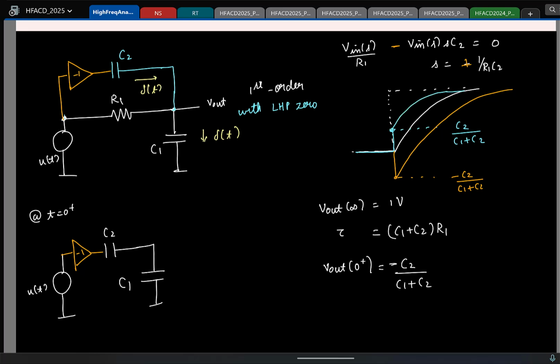But if it was an RHP 0, again the output will see a step jump at t equal to 0 plus, but this jump will be in the opposite direction to where you want to finally reach. It is like we ask for direction from here to somewhere, and that guy says go in the opposite direction and go back. He's intentionally making you slower.